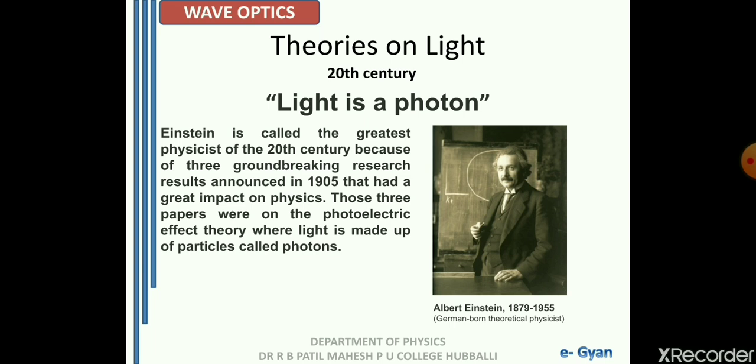But I fail here to give the picture of photon because photon does not have a regular picture. But still we'll understand what photon is, as I said, in the chapter dual nature of radiation.